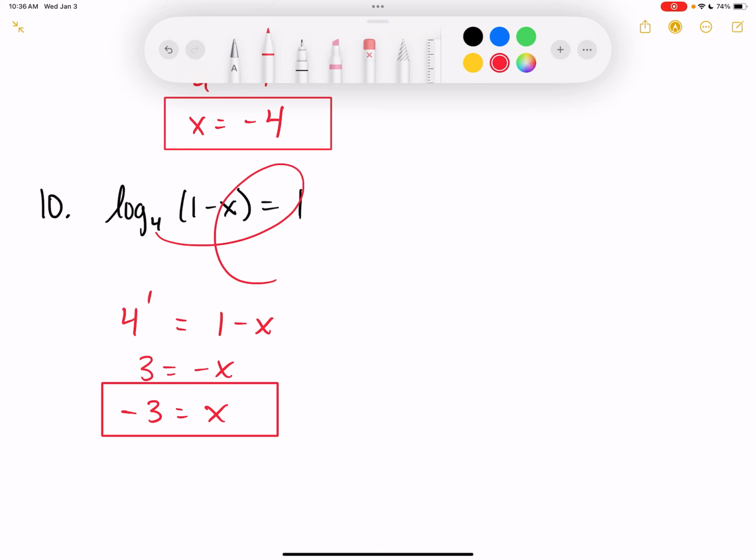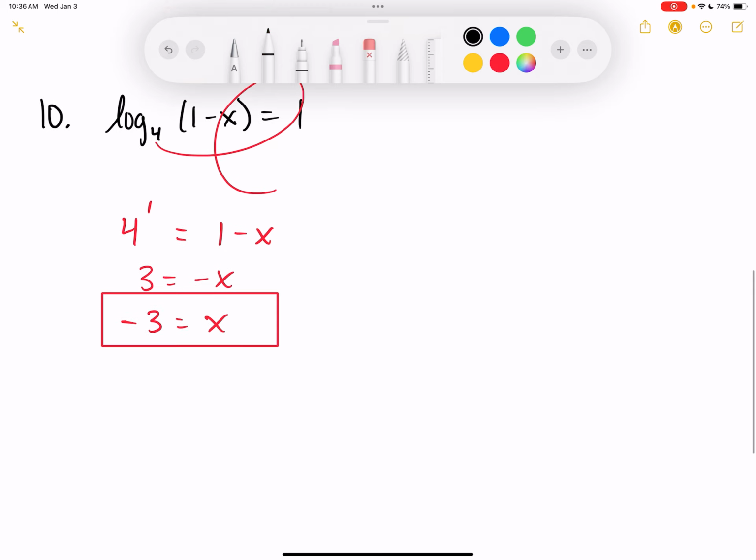So the next ones are basically doing the same thing, except you're definitely going to need a calculator for them because they're decimals, which they don't specify for you to use a calculator, but there's no way you could do it without one. So 12, 0.98 raised to the x equals 1.6.